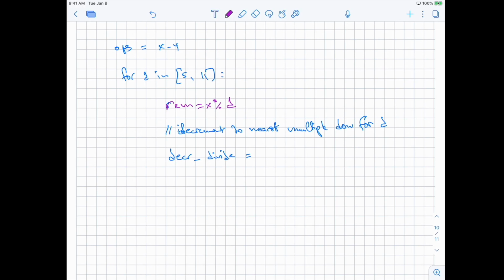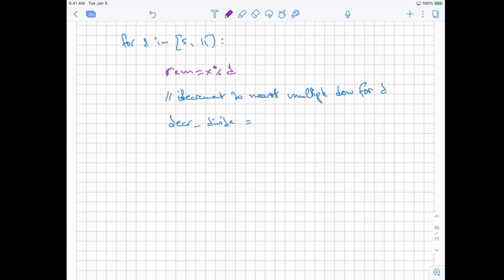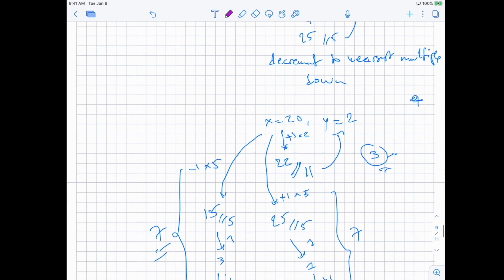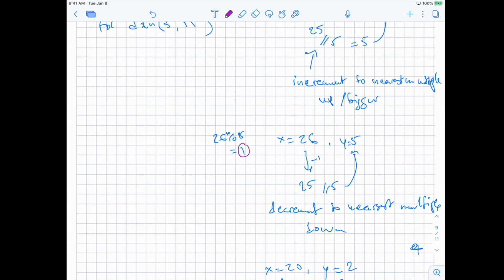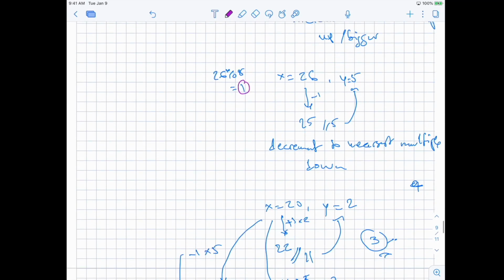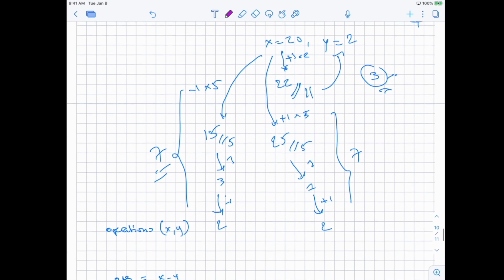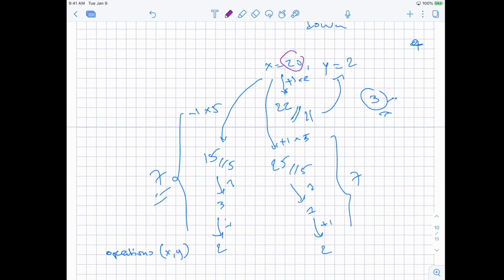And so we need this many operations to get the number to a multiple of d. That's what we needed here, one operation to get the number to be a multiple of 5, and that's what we needed here to get 20 to be a multiple of 11, because of 20 modulo 11. Okay?